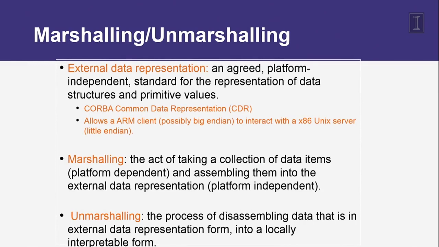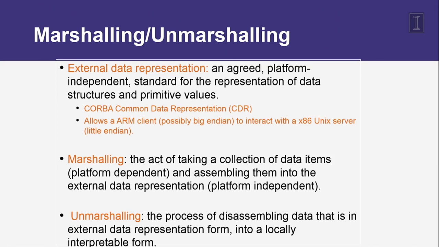Marshalling is done mainly through compiling, a special marshalling compiler. It can be done by hand if necessary. It takes the parameter and transforms it into an external data representation, which is generally agreed everywhere as a sort of standard, and then it will package that and transmit it using TCP/IP across the network. The marshalling, as I said, was the action of taking those data values, converting them into the external data representation.